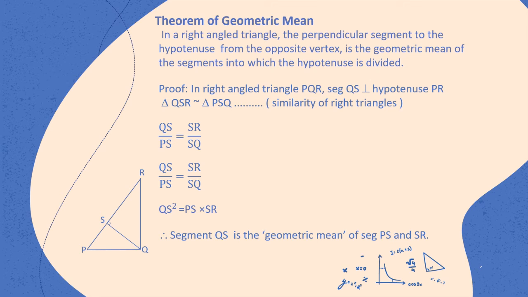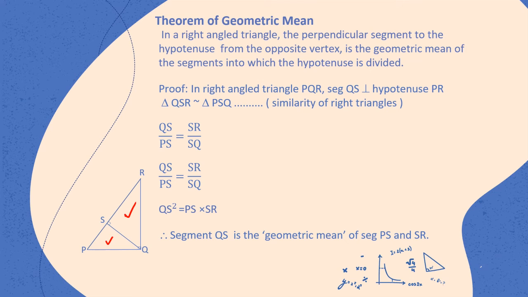The proof is in a right angle triangle PQR. Let's look at this triangle PQR. The segment QS is the perpendicular to the hypotenuse PR, and so triangle QSR is similar to triangle PSQ.